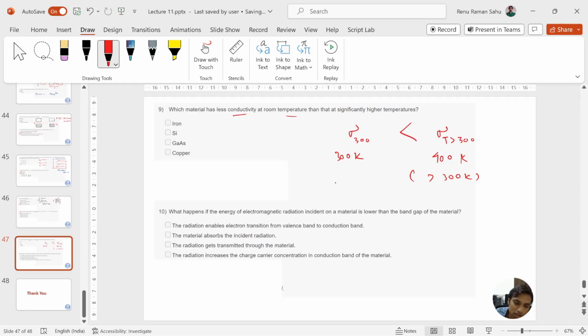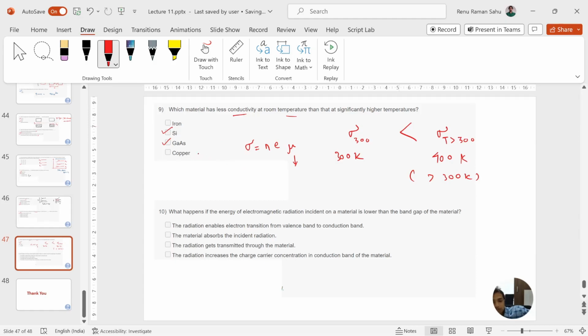How is this possible? This is possible only in semiconductors. Which are the semiconductors? Gallium arsenide and silicon. So these are your only two answers. In metallic systems, see, sigma is equal to N e mu. What will happen? Mu will decrease.